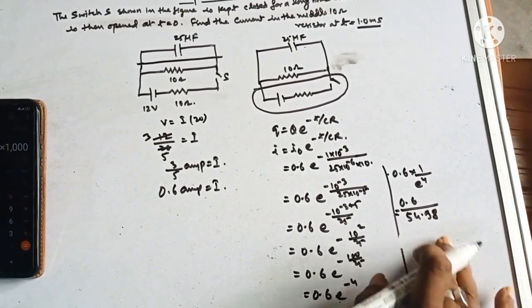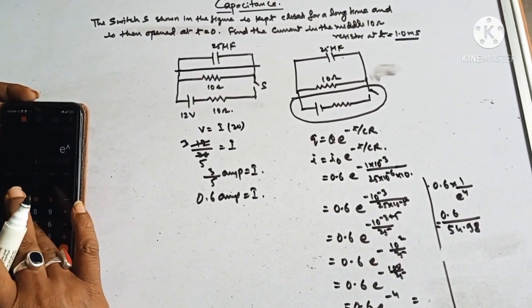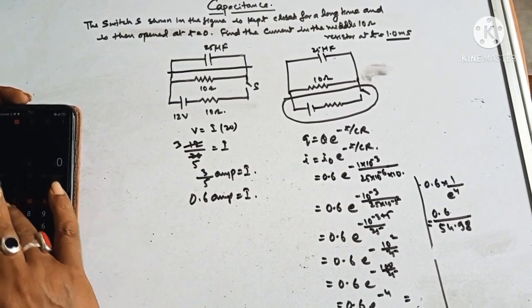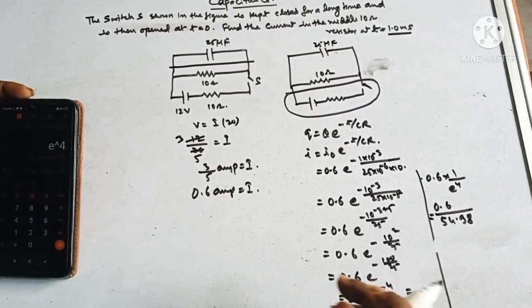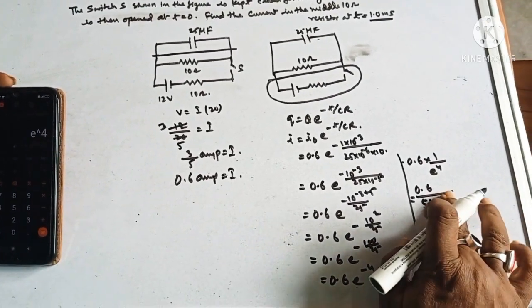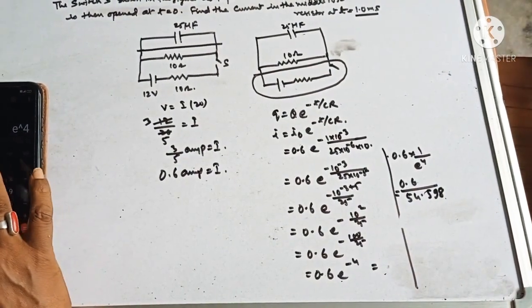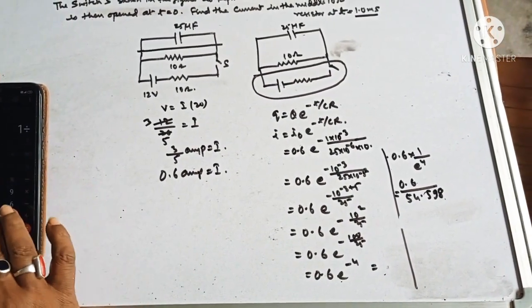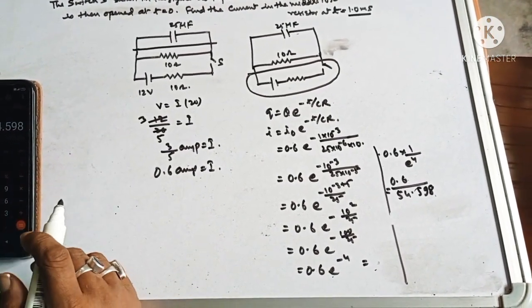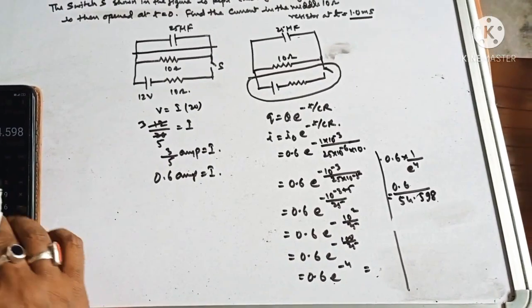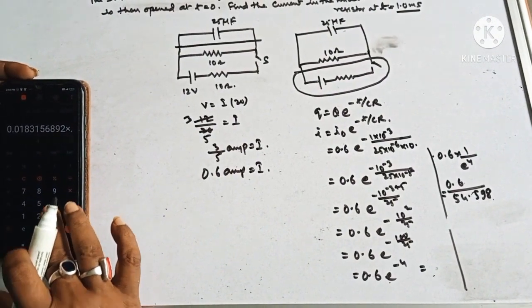One minute. No, sorry, e to the power 4 is 54.598. So here 1 divided by 54.598 comes out to be this, into 0.6.